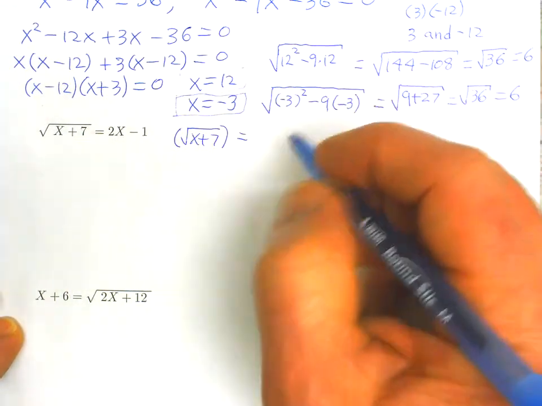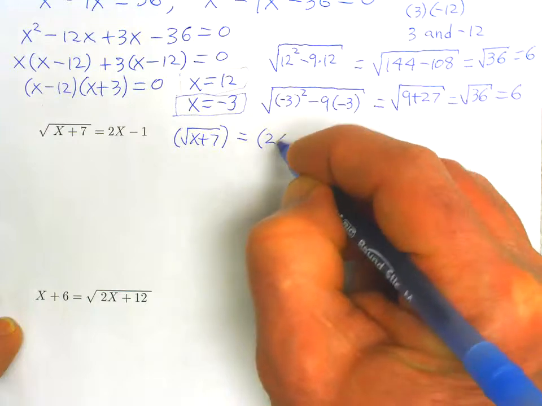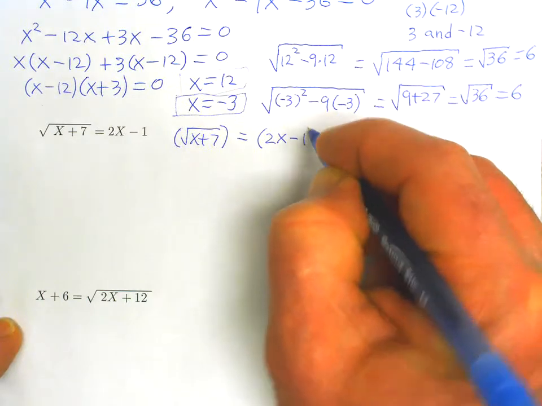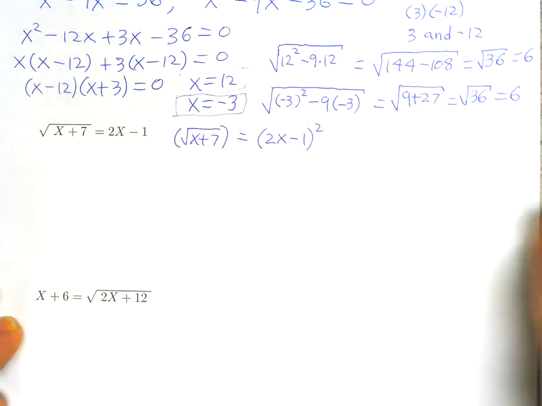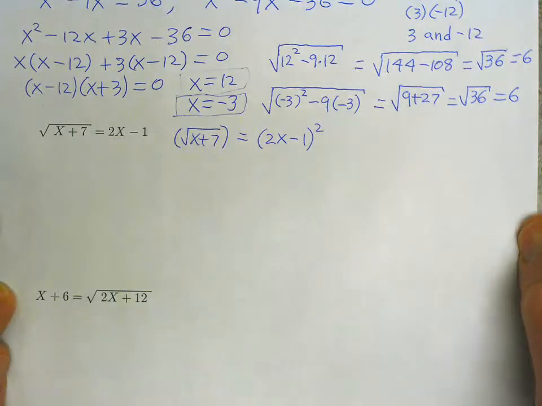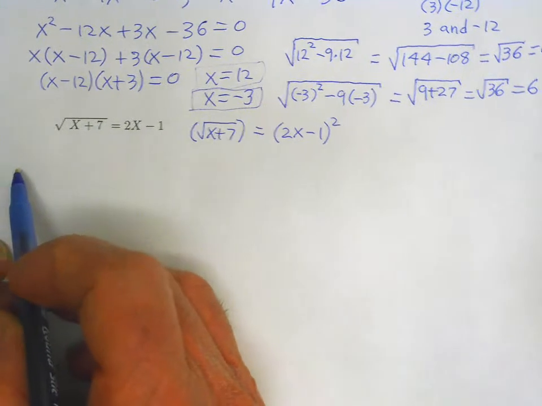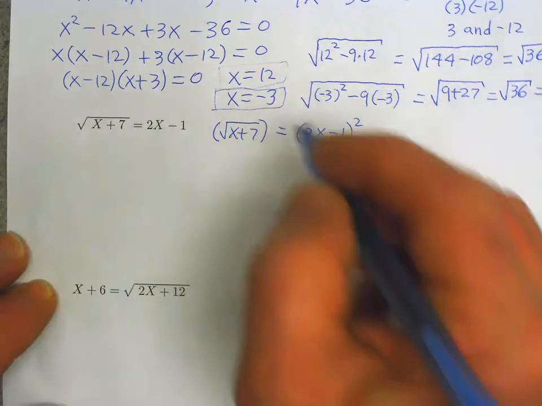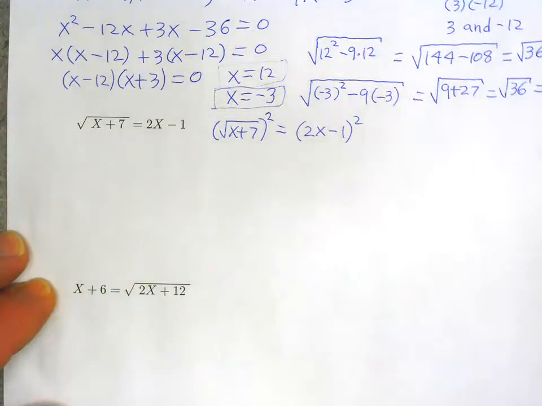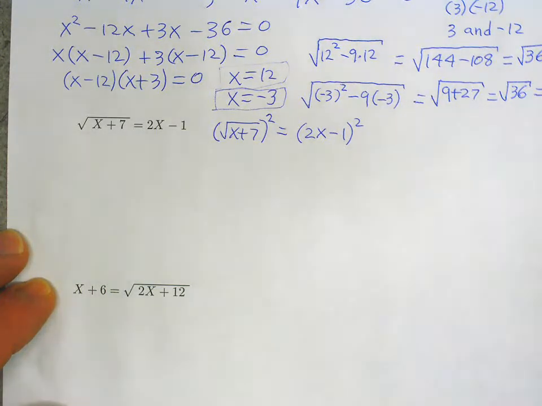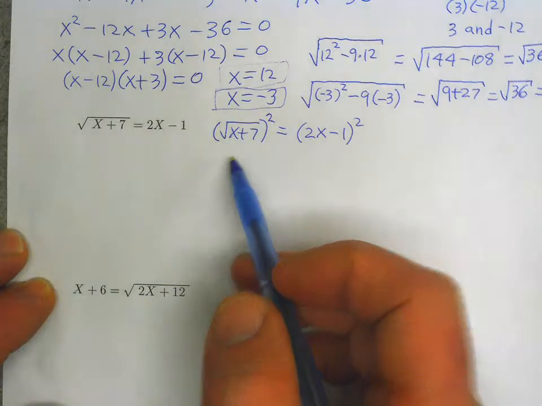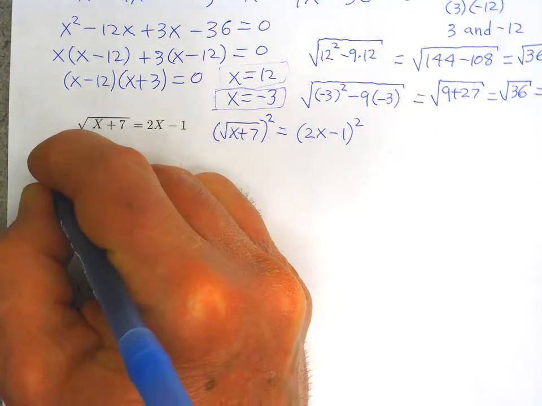And then square the right-hand side, square the binomial 2x minus 1. Whoops, I forgot. We're squaring the square root of x plus 7. Okay, so when we square the square root of x plus 7, we just get x plus 7.